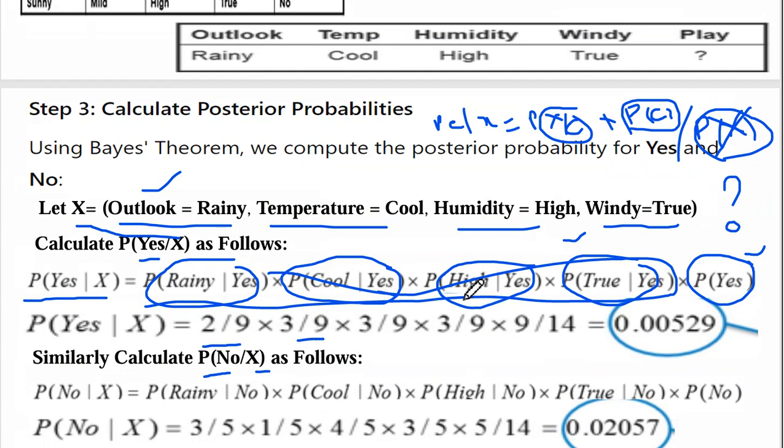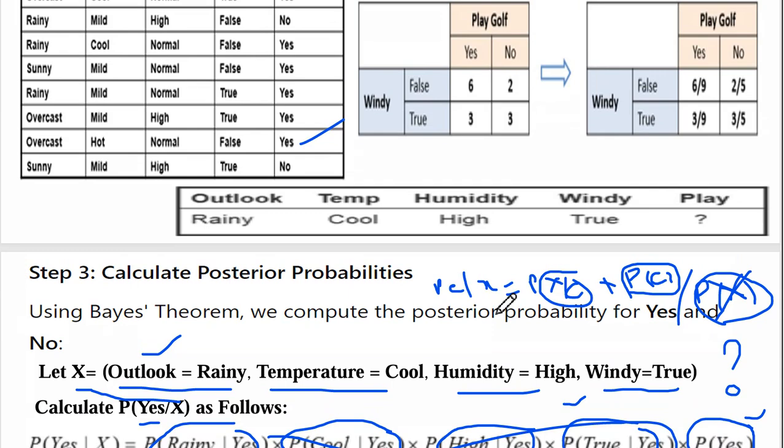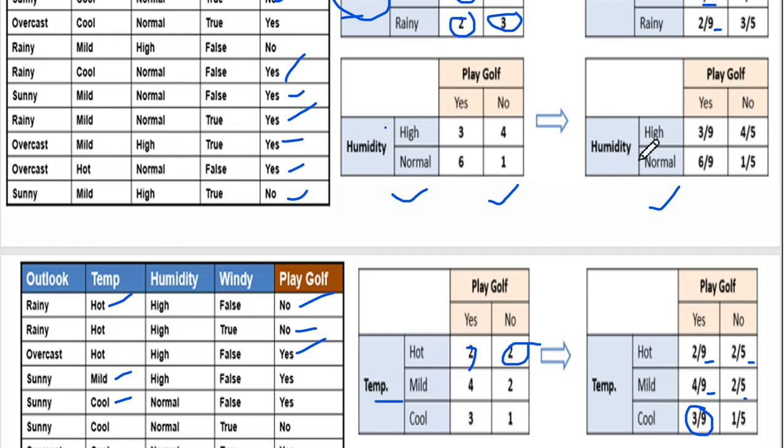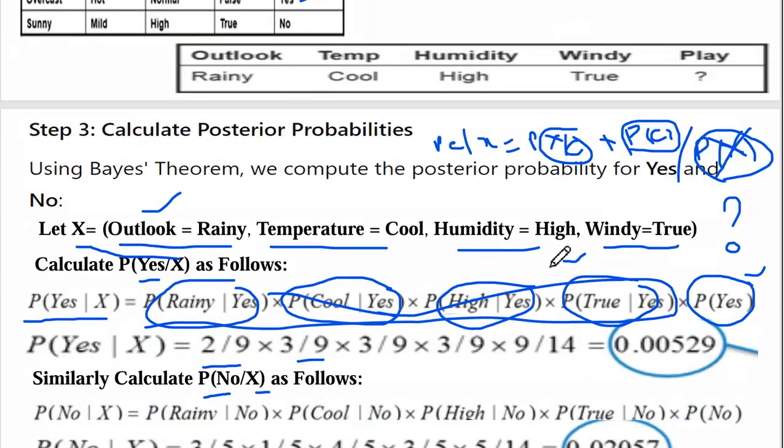Next, humidity equal to high given yes: go to the humidity frequency table. Humidity equal to high has a likelihood probability of 3 by 9, so we write 3 by 9.